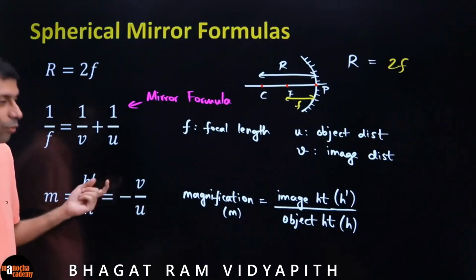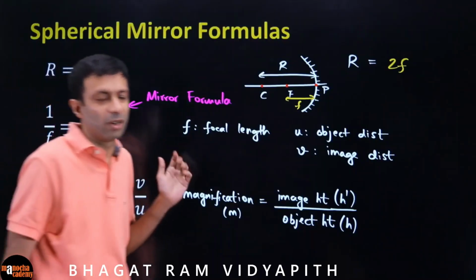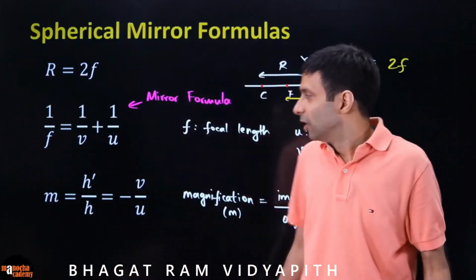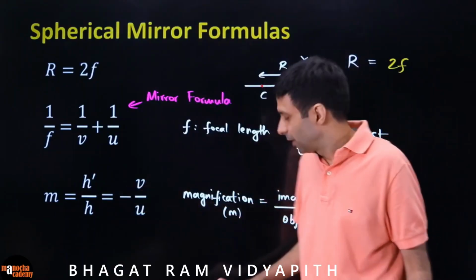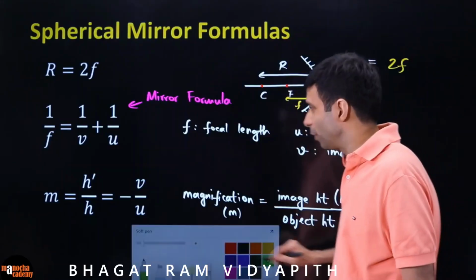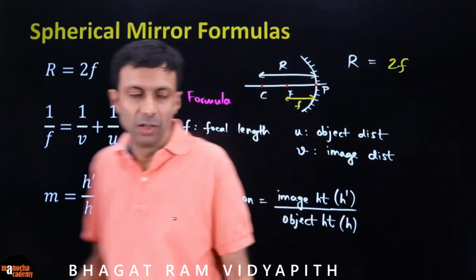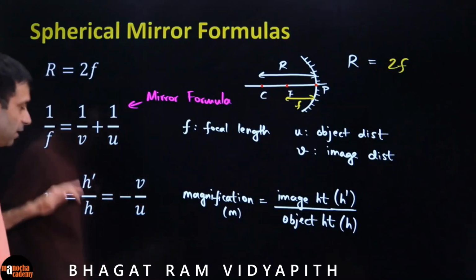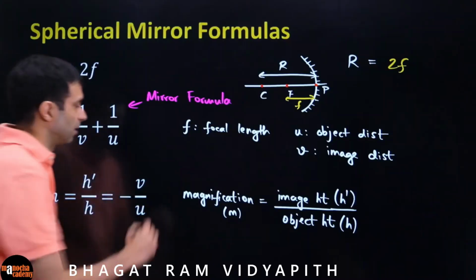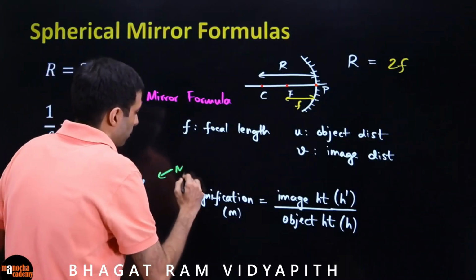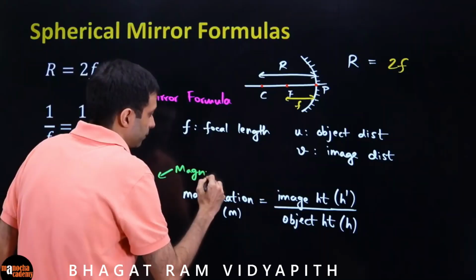So again, please don't forget this sign, otherwise your answer will be wrong. Okay, so this is the other important formula, and that's why it is called the magnification formula, because it is connecting the magnification. The image height by object height, this is the basic formula, but it's also connecting it to image distance by object distance. So this is our magnification formula.